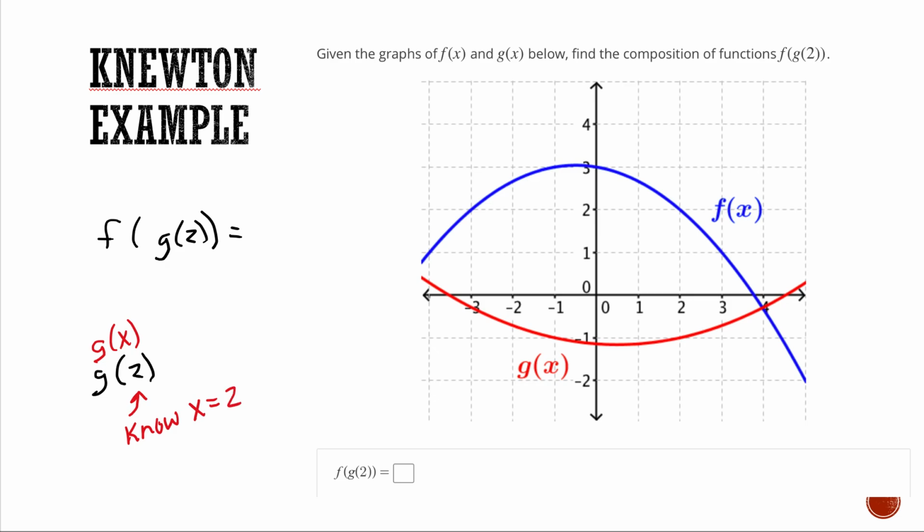So what I want to do is go to my graph, make sure that you're on the g graph, which is the red graph. Go to an x value of 2, right? So here's the 2 on the x-axis, and then drop either up or down until you hit the red graph. So we're right here. And that x value of 2 corresponds to a y value of -1.